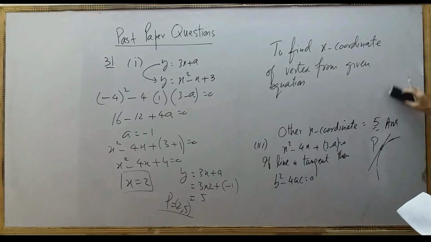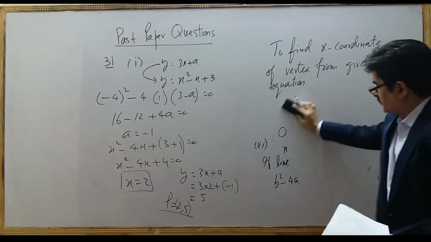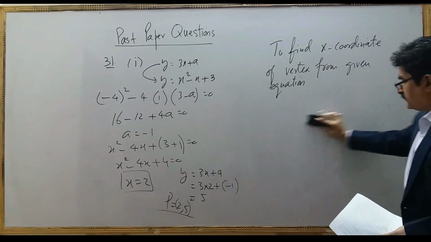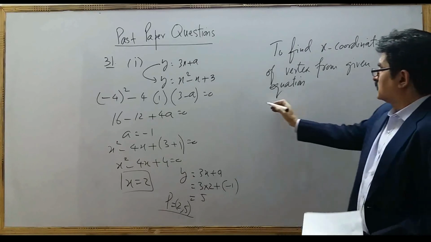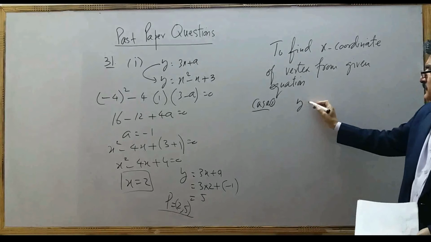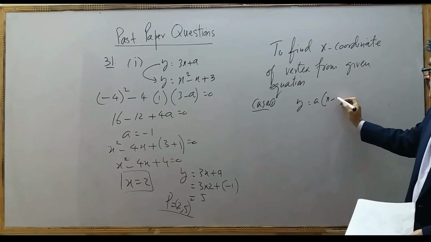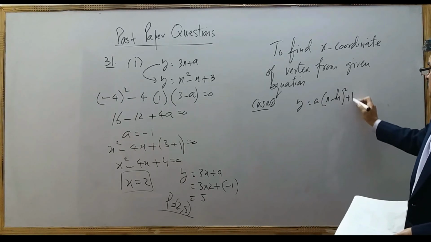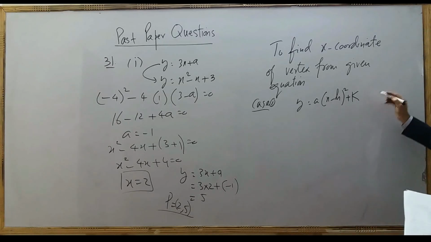Now we have three cases. Case 1, when you have the completed square form, for example a into x minus h whole square plus k, the x coordinate of the vertex is of course h.